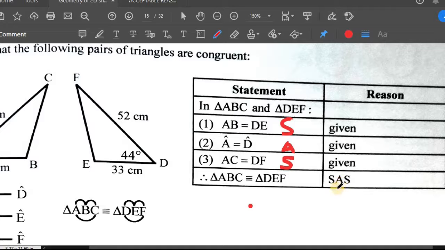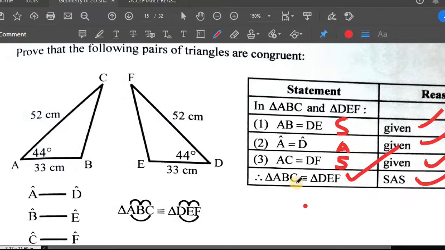Side, angle, side. Now your marks would be 1, 2, 3, for saying this correctly and for your reason. For this whole line, 1 mark, whole line, 1 mark, line, 1 mark. For saying that, for naming this correctly, I'll show you what this means now, and for giving your reason. Please, this is very important.